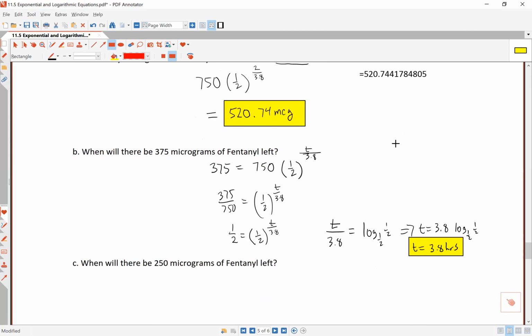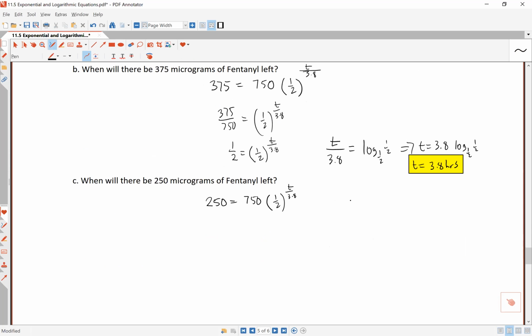But if we want to get down to 250 micrograms of fentanyl, we want to know how long it takes for the 750 to get down to 250. We take 250 and divide by 750, and that equals 1/2 to the t over 3.8.